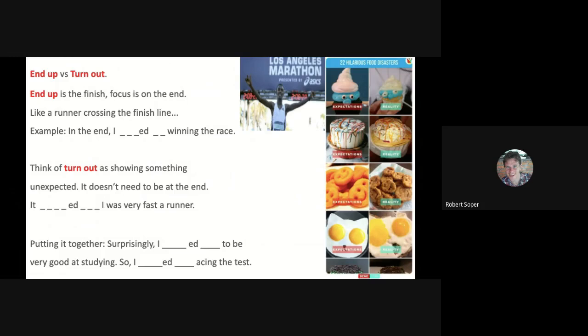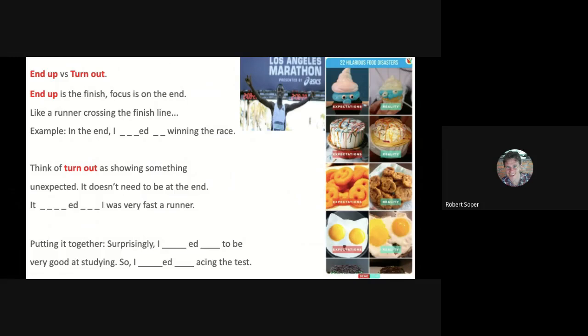Something is happening that they weren't expecting. And I turned out to be very good at studying. What were they not expecting to happen? They weren't expecting to be very good at studying. They were expecting to be either average or bad at studying. But it just turned out unexpectedly that they were very good at studying.